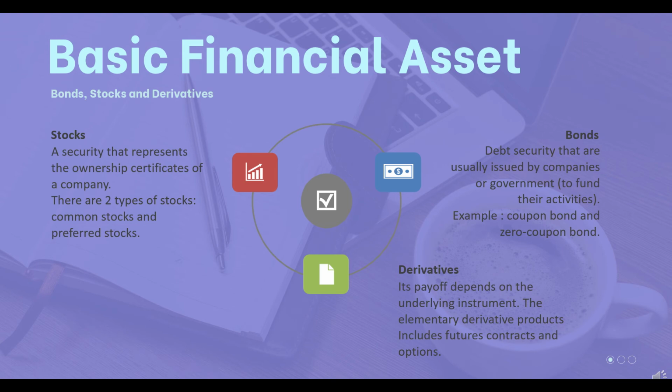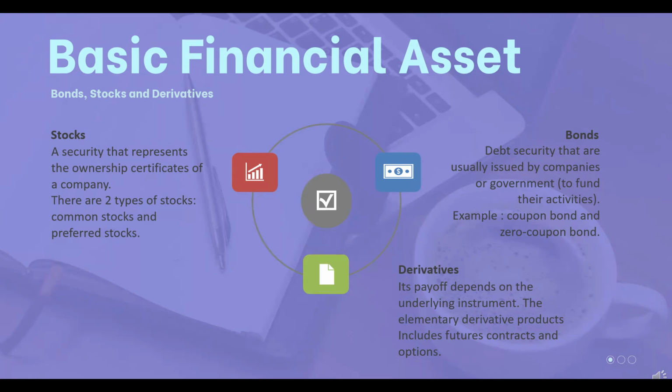Bonds are a debt security usually issued by companies or governments who act as an issuer to fund their activities. The investor who buys bonds will receive an amount of money corresponding to the par value of the bond at maturity.